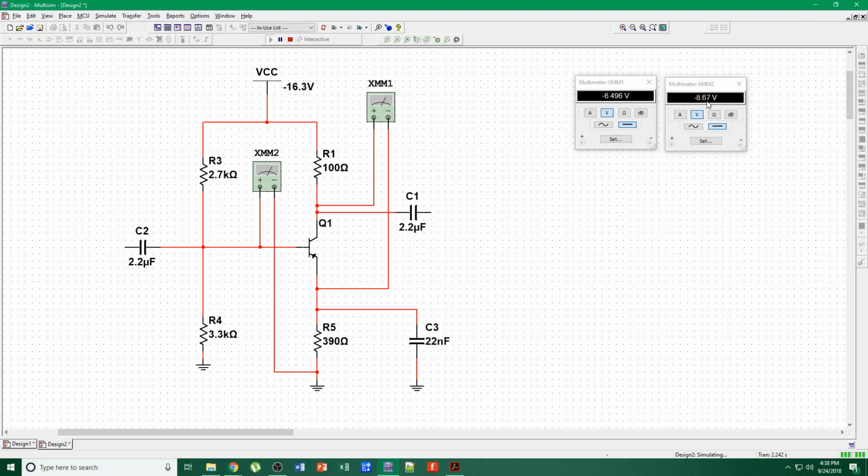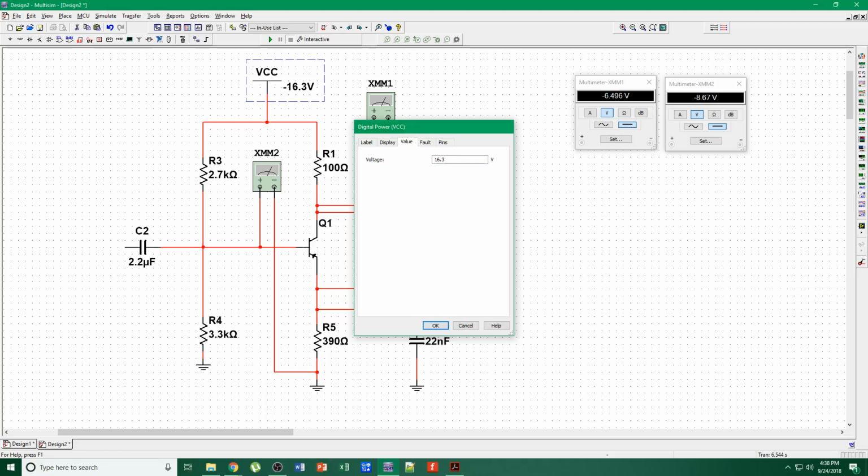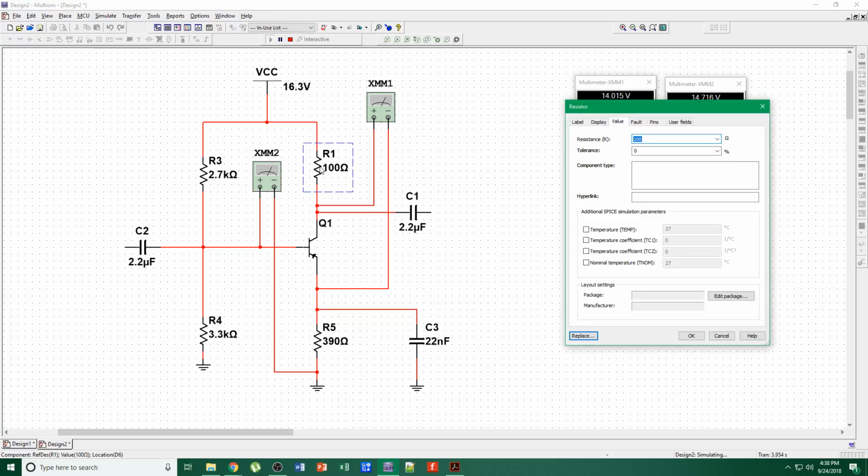I measure 8.6 volts across where I should be measuring 14. Do I just put 16 volts? Well, the 14's right. This isn't right.